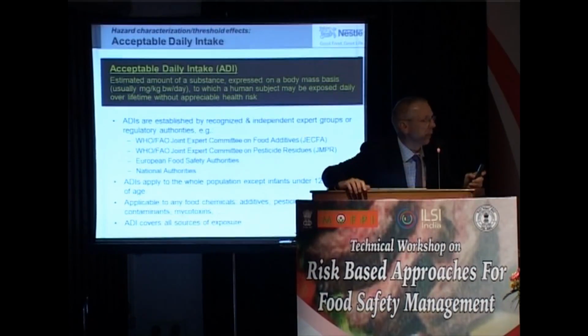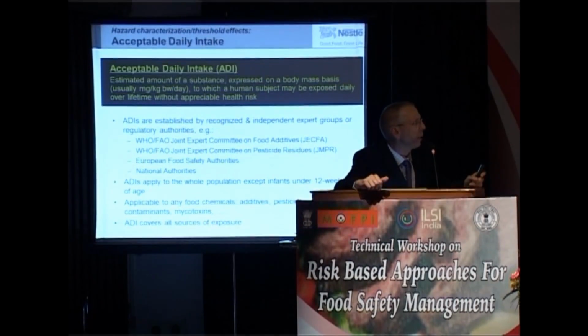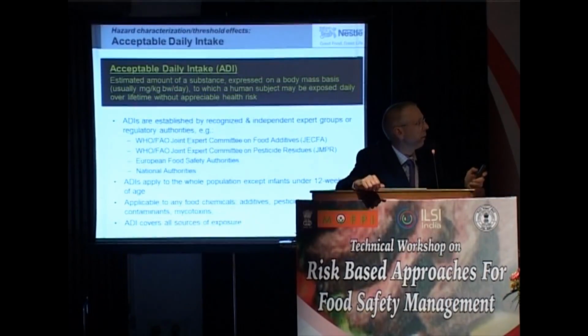So what does the acceptable daily intake mean? The official definition is the following: an estimated amount of a substance, expressed on a body mass basis, to which a human subject may be exposed daily over lifetime without appreciable health risk. I think there are several words which are very important here. First of all, human, so it's a safe level in human.